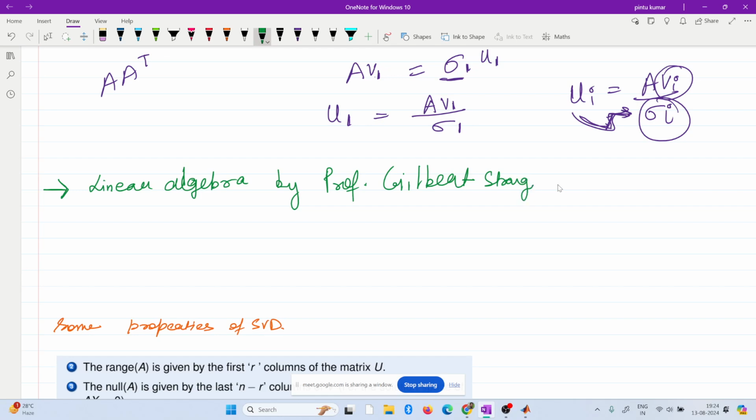In that course you have a video specifically on singular value decomposition, and I think the way he has explained it is very difficult to replicate. If you want a very clear understanding, I would definitely recommend taking out half an hour or an hour to look at this video.